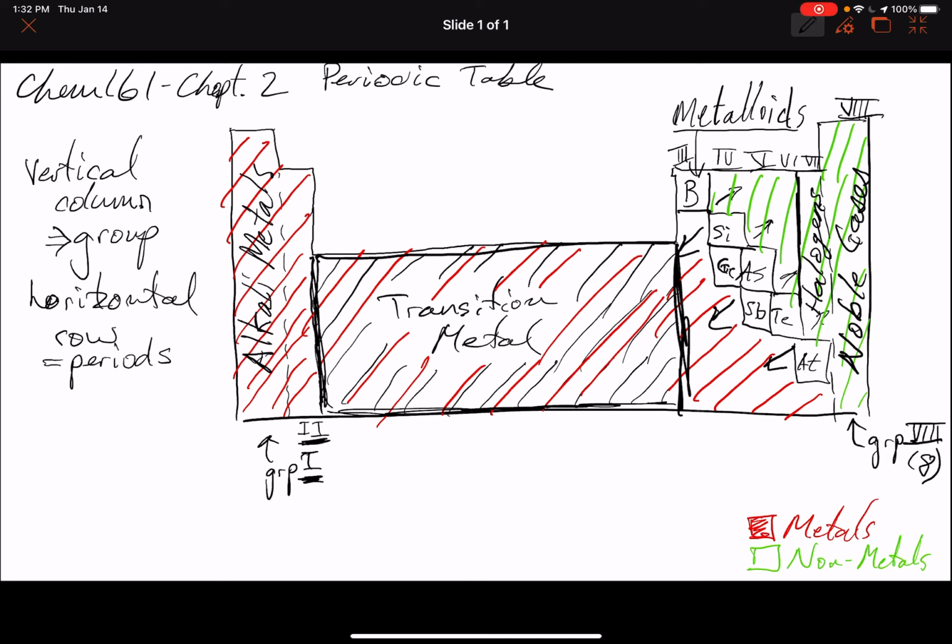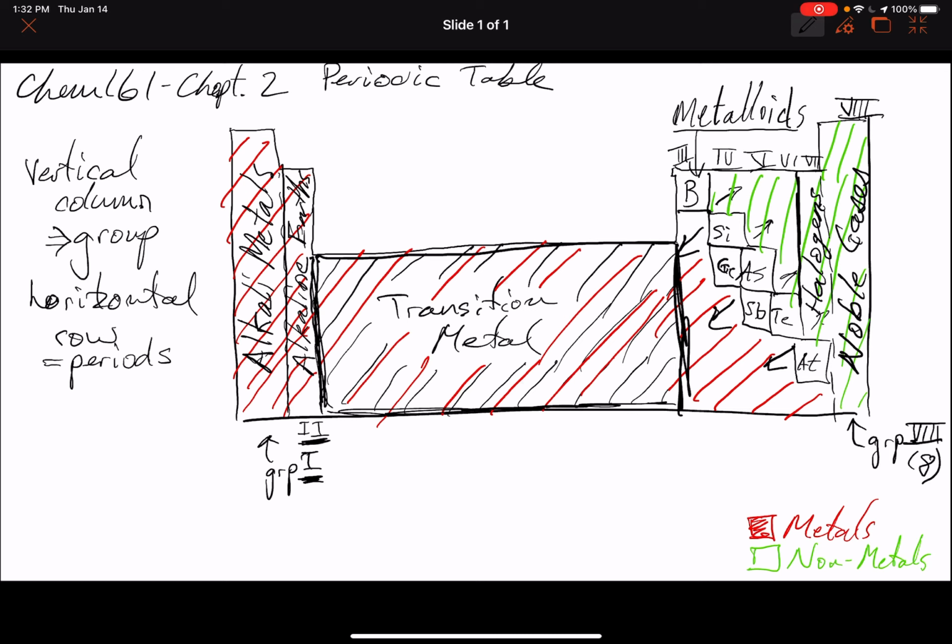And similarly, the second column, the one right beside it, has some special elements that we see often in chemistry and biochemistry and biology. The name is going to be similar, so we're going to call these the alkaline earths, or sometimes referred to as alkaline earth metals.